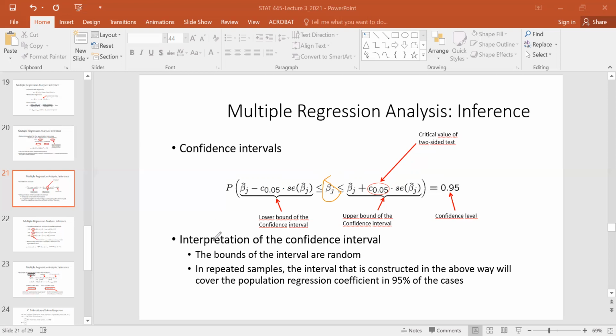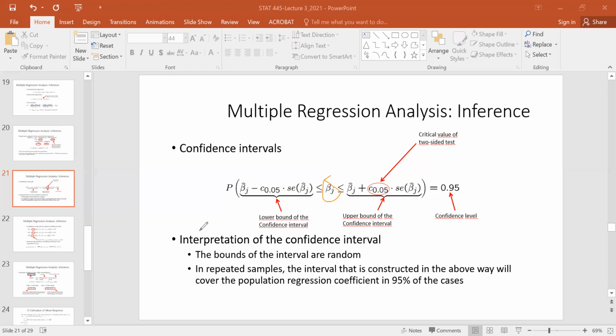So that's the language here: in repeated samples, if I were to go to the library, collect data, construct this confidence interval, use the same approach, then go to another hall or collect data on students, construct a confidence interval, go to the canteen, and go to the Statistics Department, assuming this study is about the University of Ghana, Legon.